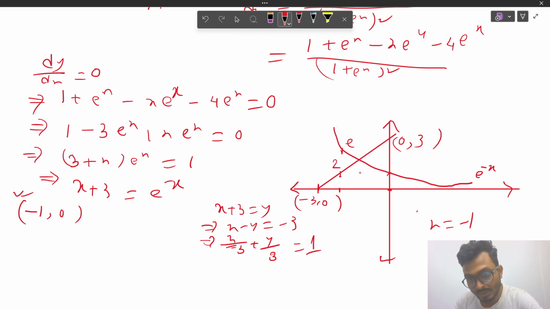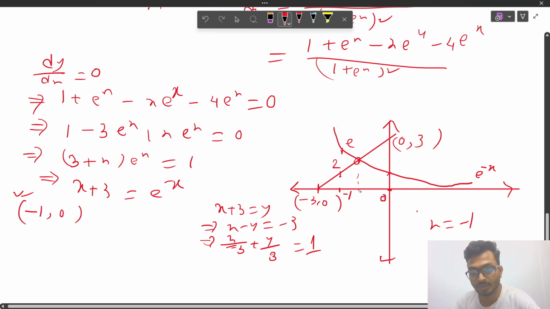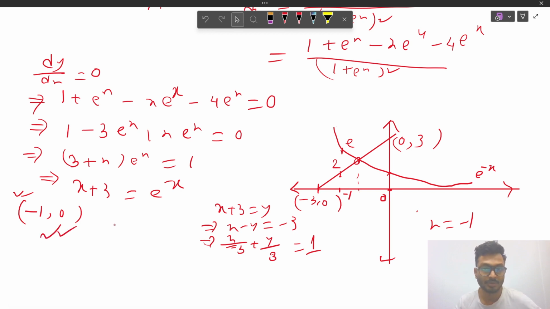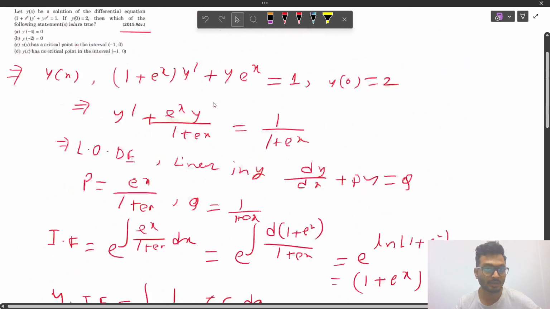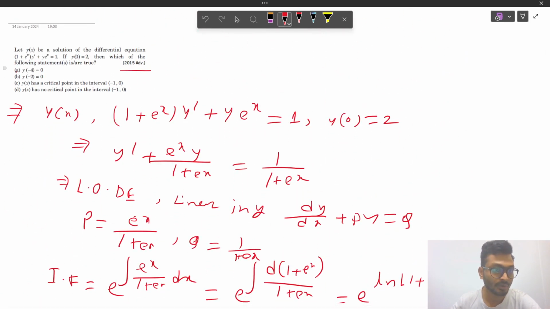So we can see that this intersecting point lies between minus 1 and 0, so there will be a critical point in this interval. Which options are correct? Our first option was correct, the second option was not correct, and the option that y x has a critical point is correct, this one is not correct.